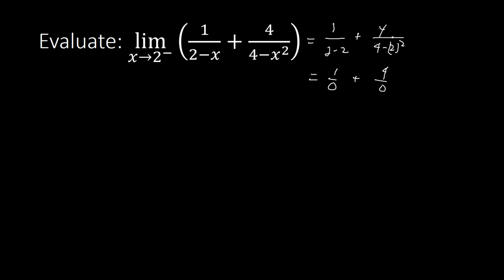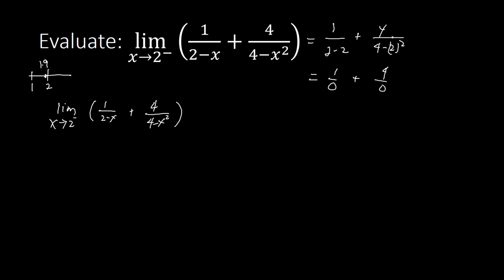So we are going to apply our infinite limit here. We've got the limit of 1 over 2 minus x plus 4 over 4 minus x squared as x approaches 2 coming from the left side. If you've got 2, on the left side we've got 1.9, so getting a value close to 2 from the left side would mean 1.9.